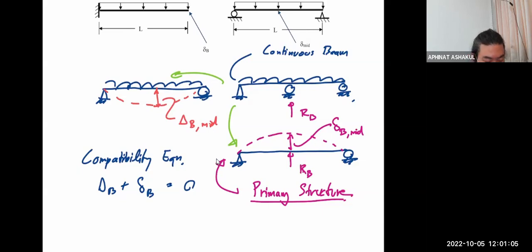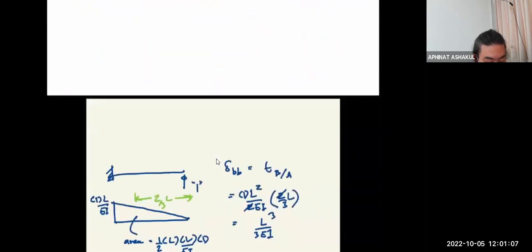So in this case, if I am going to repeat this again, this is L, this is L. This is your continuous beam with, you know what?